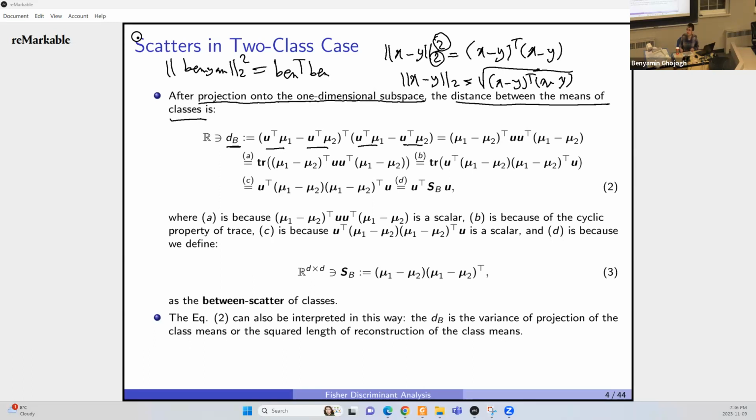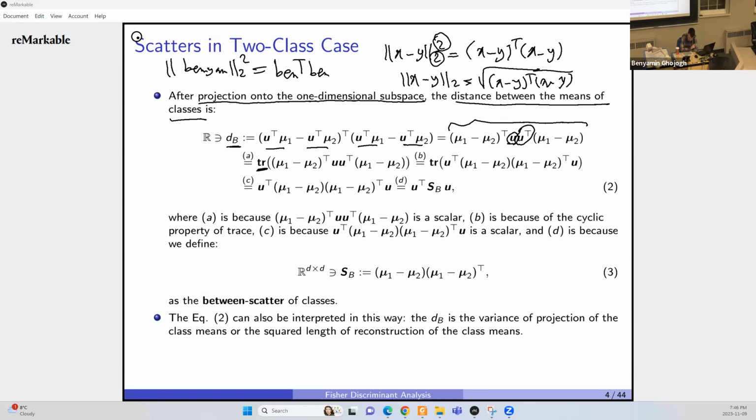I will have this. So can I factor out u? Yes, I can factor out u. And because the order of matrix multiplication changes by transpose, u becomes u transpose here. Also, I'm factoring out u transpose. The whole thing is a scalar. Every scalar is equivalent to its trace, so I can use trace here.